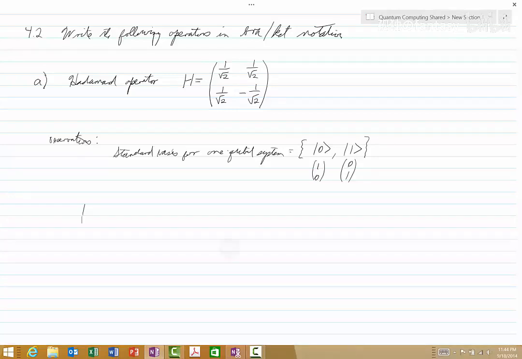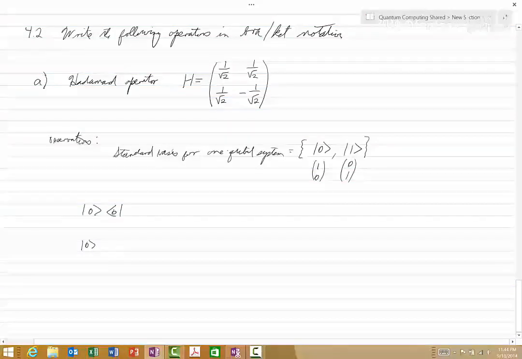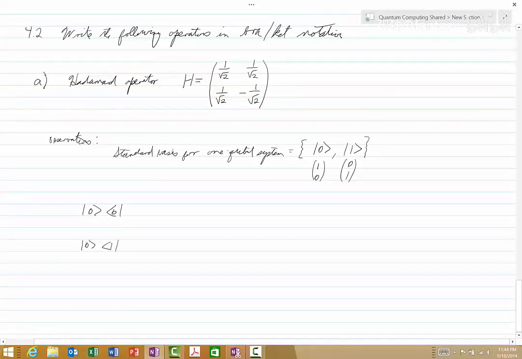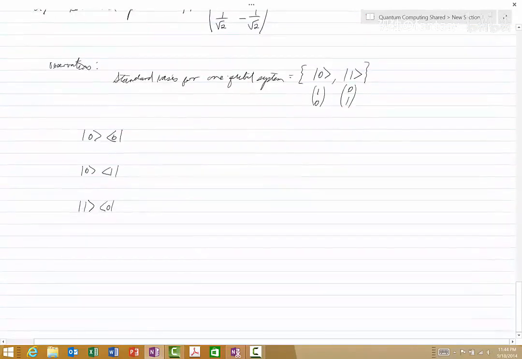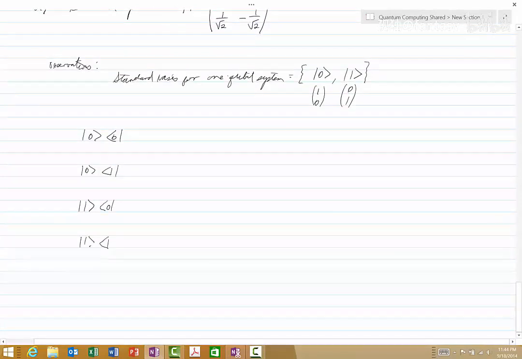What I mean is this: we would have |0><0| is one possibility, |0><1| is another one, |1><0| is still another, and finally |1><1|.